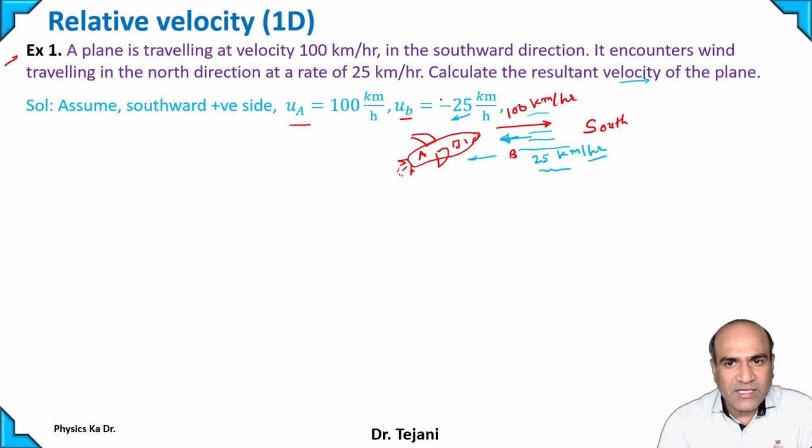See, it is taken here as negative. The reason is that if we take the south direction as positive, then the wind is flowing in the opposite direction, so its direction should be negative.